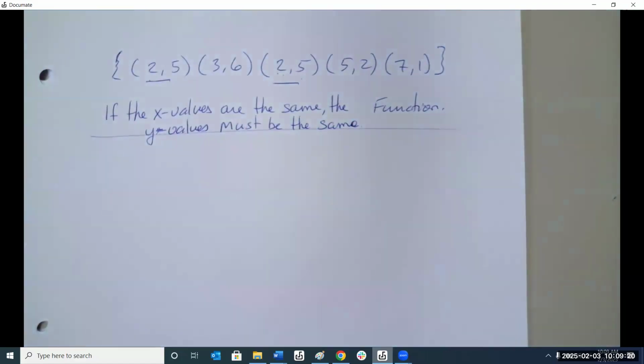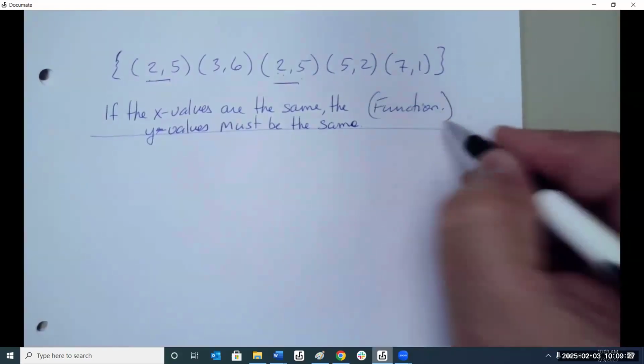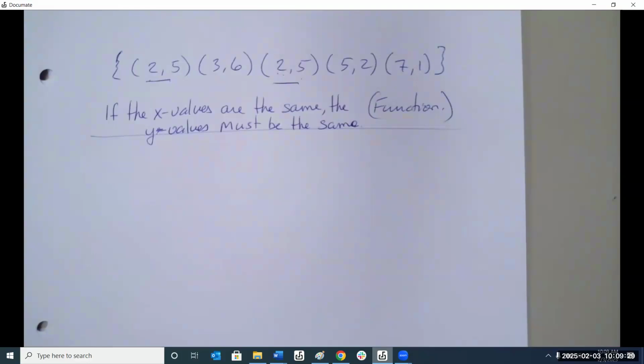Because if x and y are both the same, then it's the same point. So it is a function. So numerically, you have to do a lot of thinking.